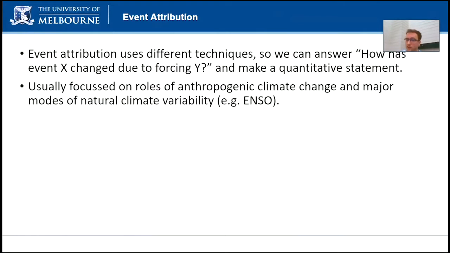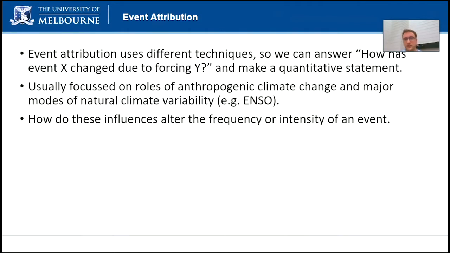There's more emphasis on internal modes of variability, so things like the El Niño Southern Oscillation, the Indian Ocean Dipole, and the North Atlantic Oscillation, if we're interested in a European extreme, for example. And usually we're interested in how these influences alter the frequency or the intensity of a particular type of event. So we're looking at a class of event associated with a particular extreme.